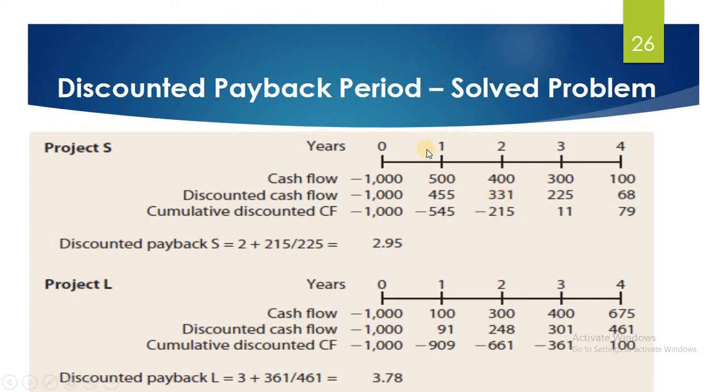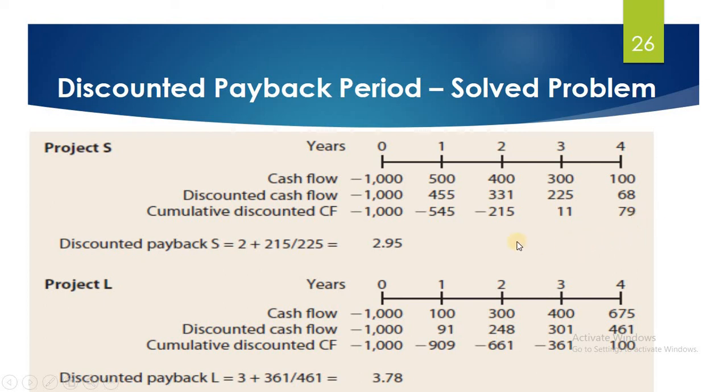Then for year 2, discounted cash flow is 331, and if we adjust 331 with minus 545, we find cumulative cash flow for year 2 is minus 215. For year 3, similarly, cumulative cash flow is $11, and for year 4, cumulative cash flow is $79.